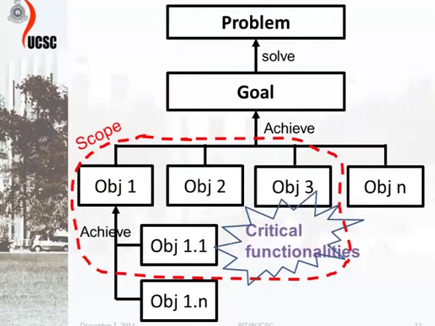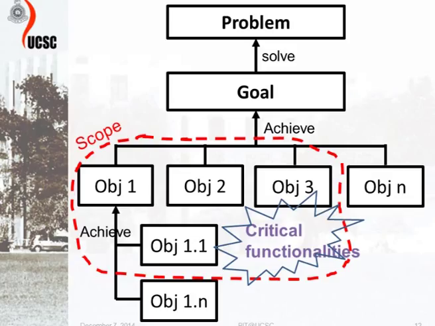Those will be listed and properly organized, and then you identify the scope, what objectives you can cover during the project time. Sometimes you will not be able to cover all of these objectives during the project, so you have to identify which objectives you can finish or achieve during the project time.